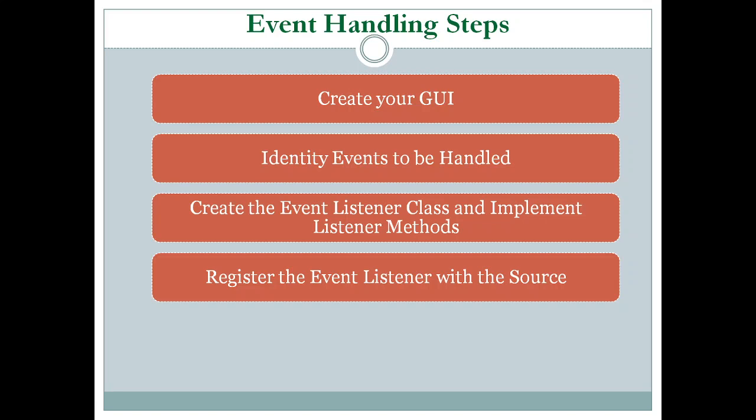In the same way here, whenever an event occurs, a notification is sent to the listener class to handle the event. But this notification is sent only when the listener is registered with the source. If a listener is not registered with the source, a notification is not sent to the listener class. So the registration is important here.